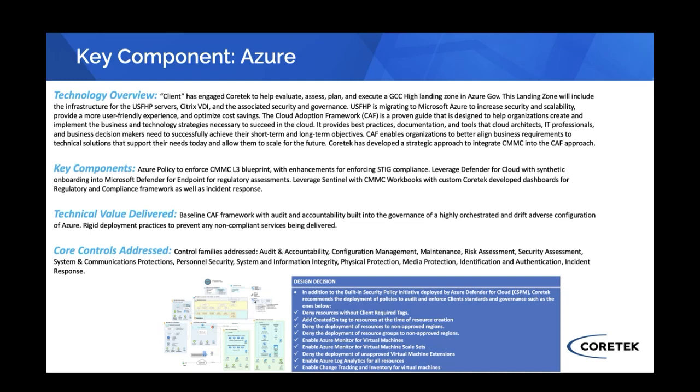And then we have a Coretek based approach to that to be able to marry CMMC into the CAF approach. So that way, while going through a CAF, it doesn't go through a CAF and then a security review. The security review is ongoing and always a part of the CAF process that we have developed here.